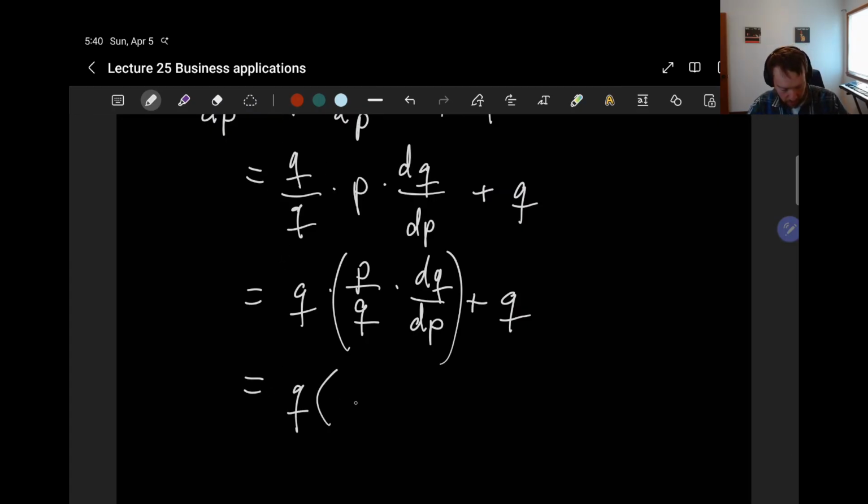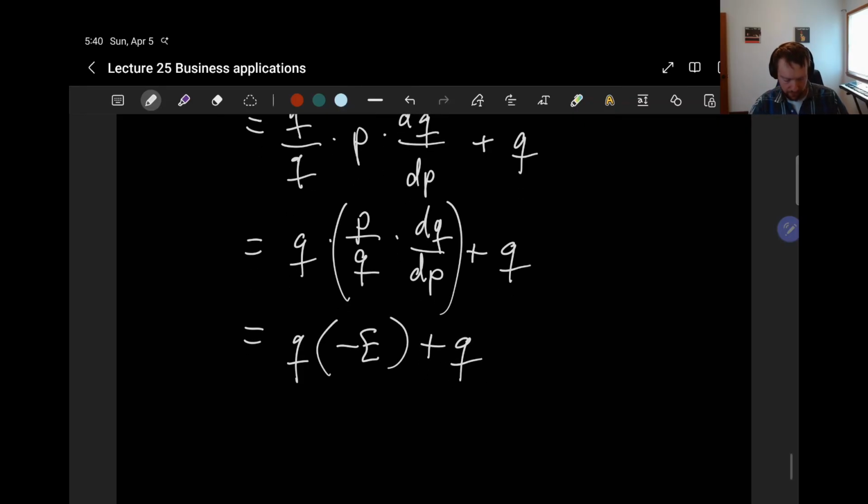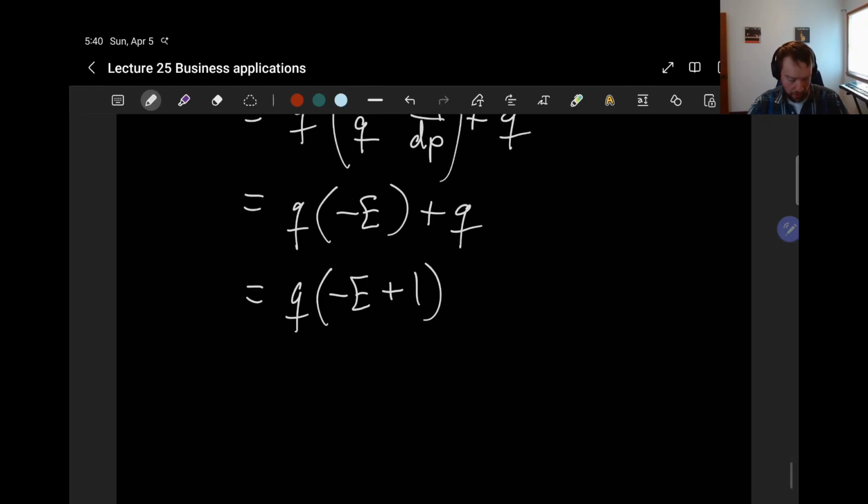So this is Q times the negative of E plus Q. And notice I have a Q in each term. So I factor it out. And that's pretty good. I just want to clean it up a little bit, perhaps.